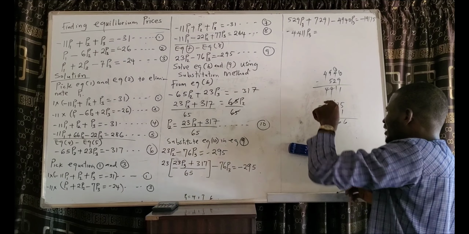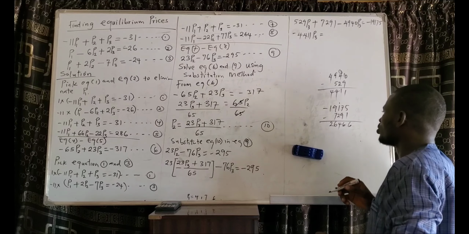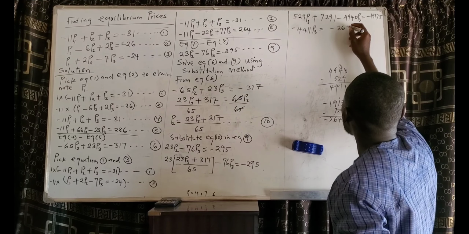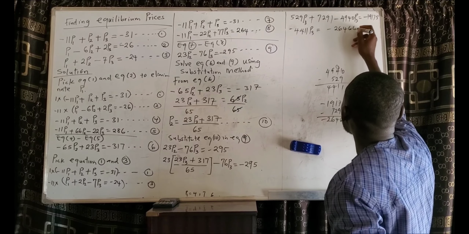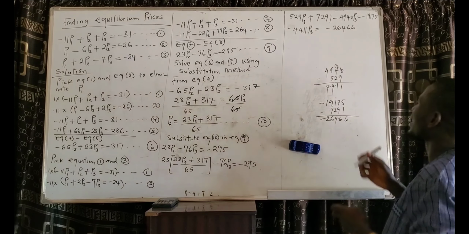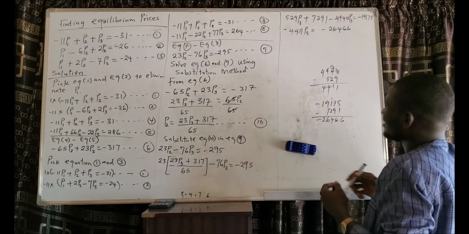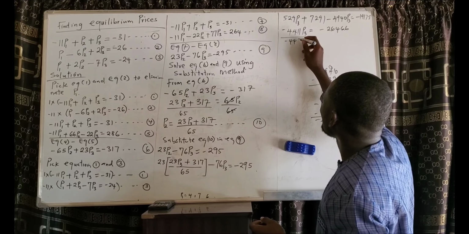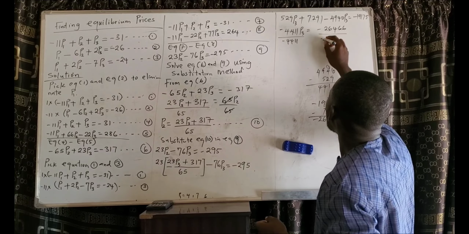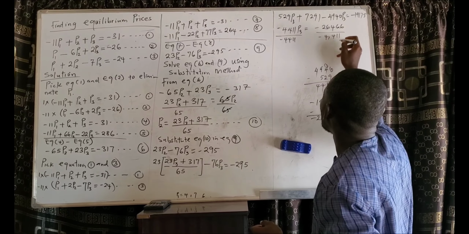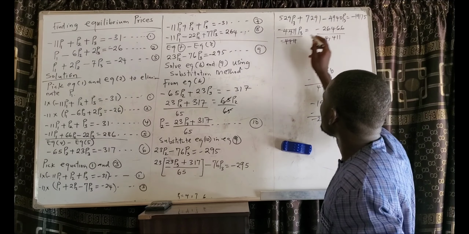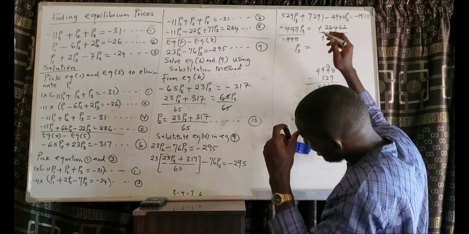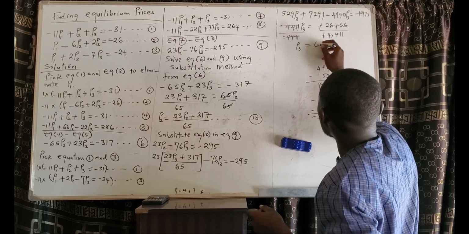Carry 1, put the 1 here, making 2, which is negative 26,466. Now you divide here by negative 4,411, here by negative 4,411. Negative cancel negative. Then P3 is now equal to 6.